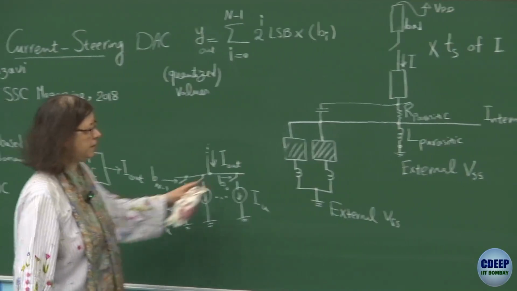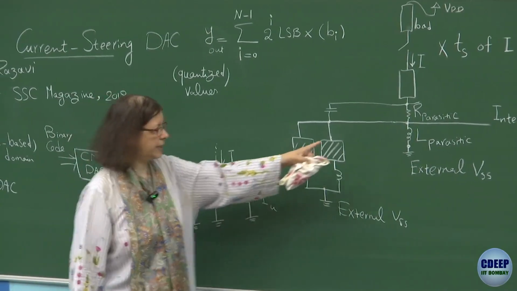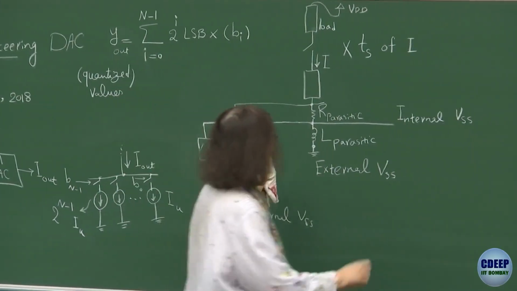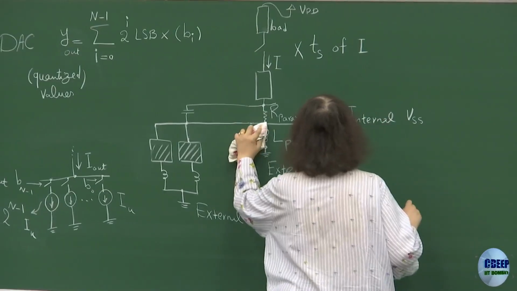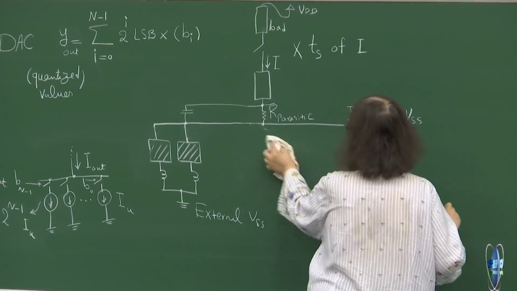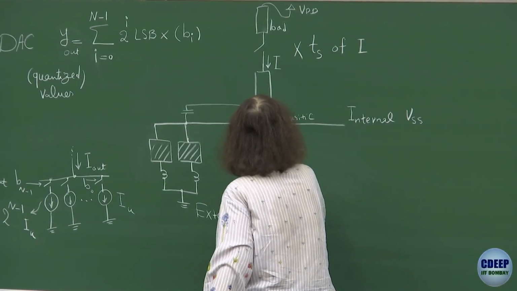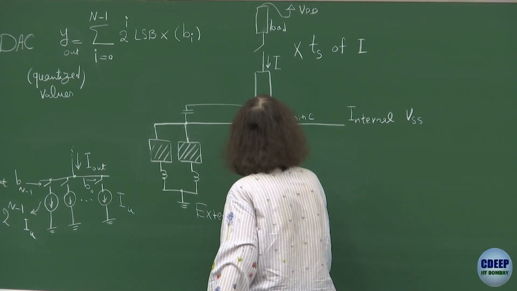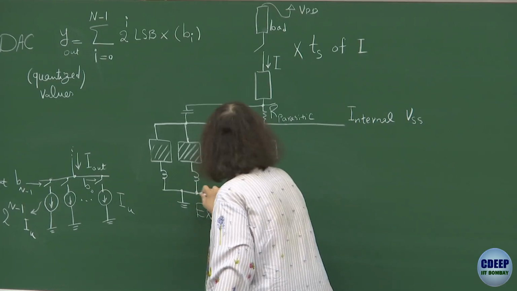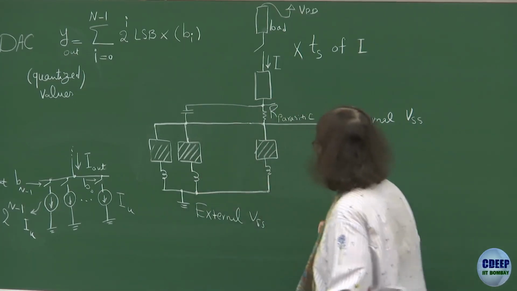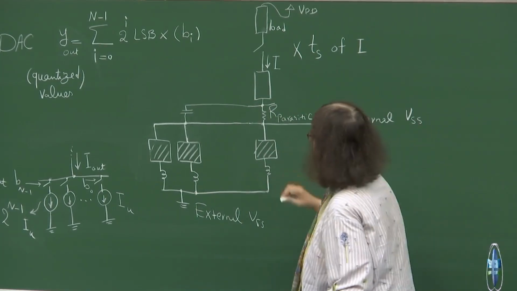So the connection is that way. Even here there is a pad. If I want to be very precise, let me draw that pad as well. So effectively here there is another pad, and then one inductor, and then it's connected to, say, external VSS. So this is that connection.